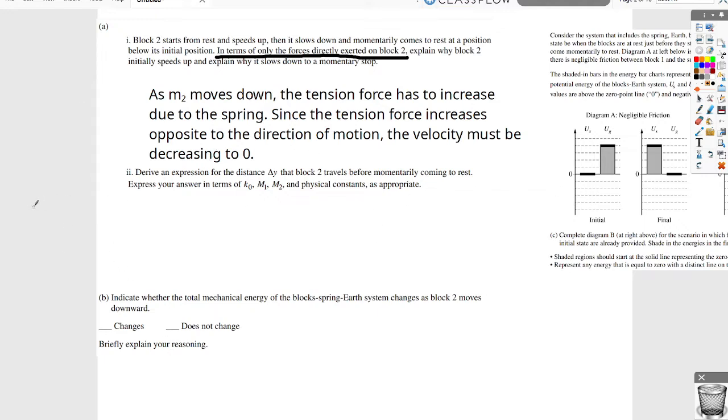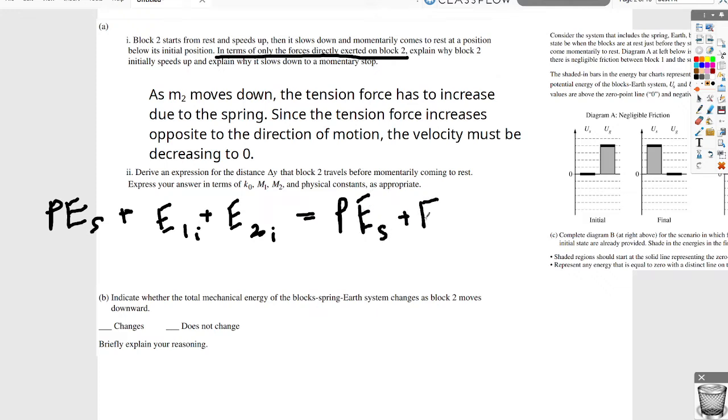So potential energy of the spring, plus energy of block 1, plus energy of block 2, both kinetic and potential, initial plus initial, is equal to potential energy of the spring final, plus energy of block 1 final, plus energy of block 2 final. So it looks something like this.